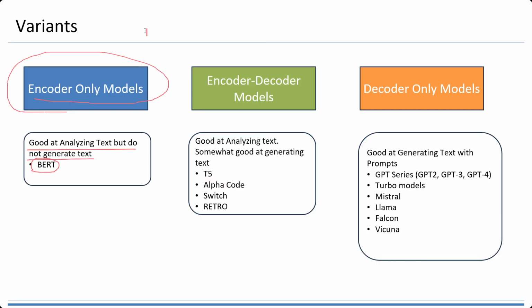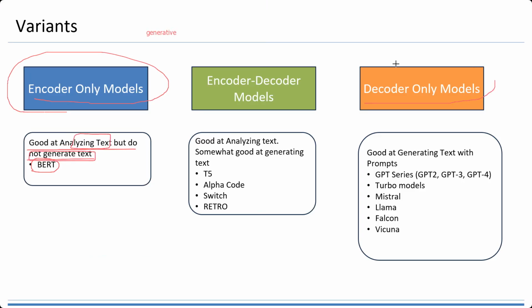Do you know what is meant by generative? Generate means we produce something, we make the sentence. So when you are using the encoder only, it is good for text analysis, but not for generating text.